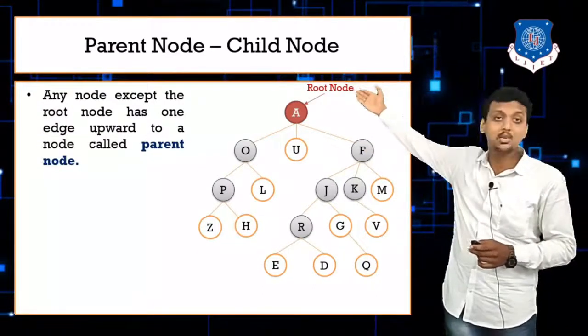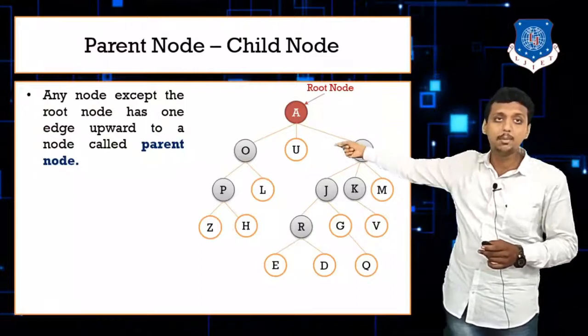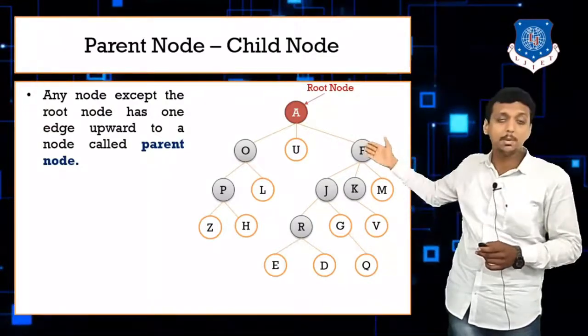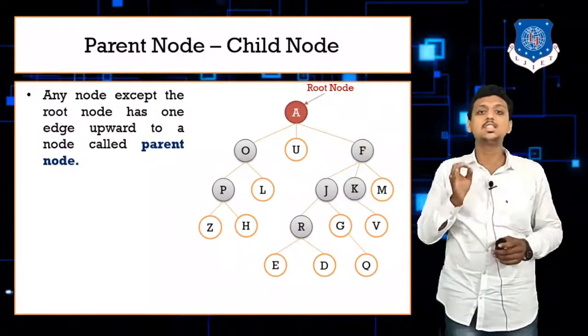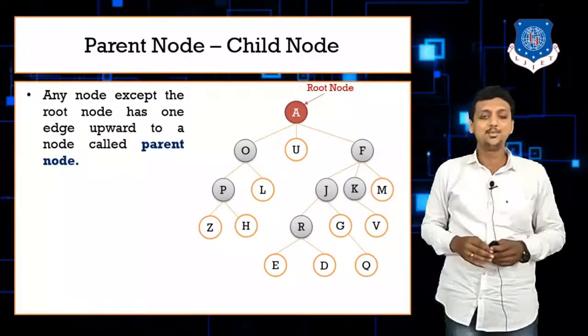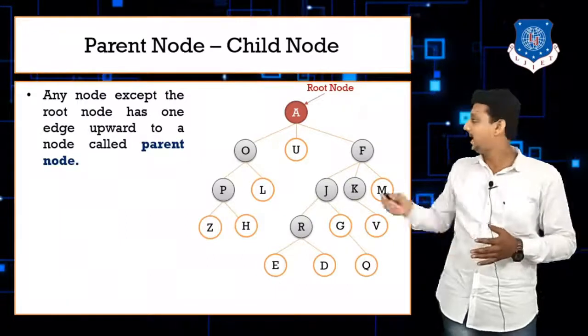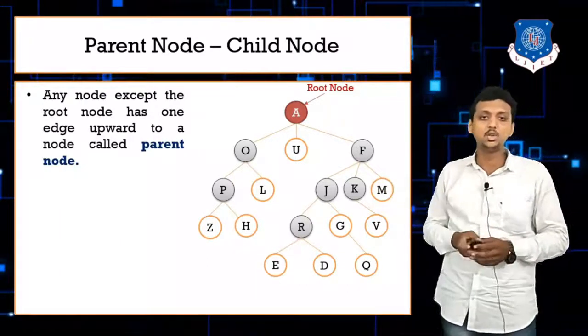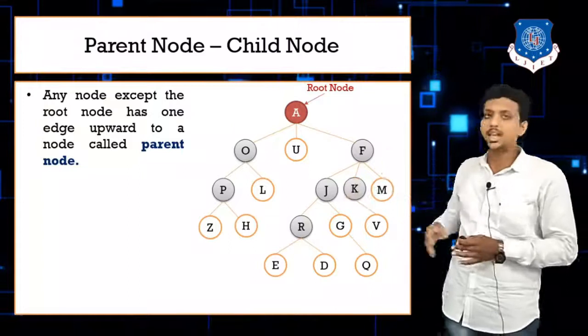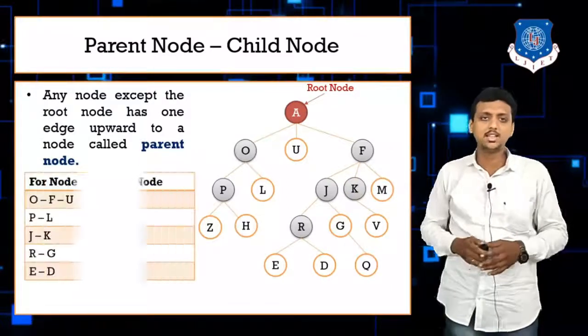That's why A is known as a parent node. Is O a parent node? Yes. Is U a parent node? No, U is not a parent node, because it does not contain any child. Fine. So here the highlighted nodes are known as the parent nodes. There are other nodes also, but I am just taking two or three examples over here.